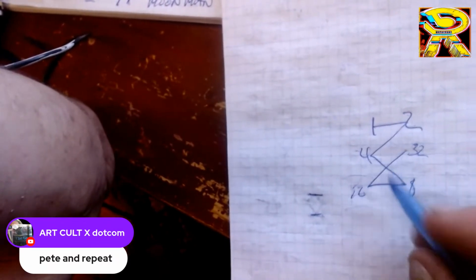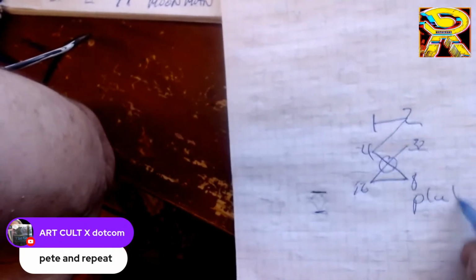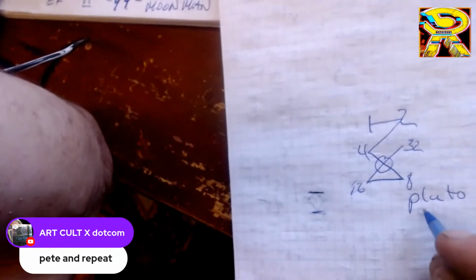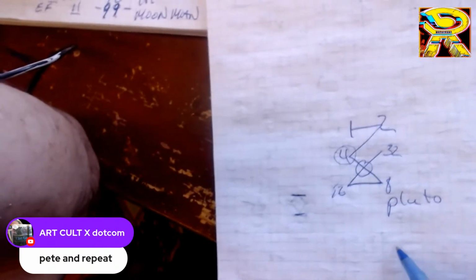So the moon comes together right over here, crisscrossing 4 and 8, which could be Pluto. It is the heavens of the mirror, which is 2 times 2.